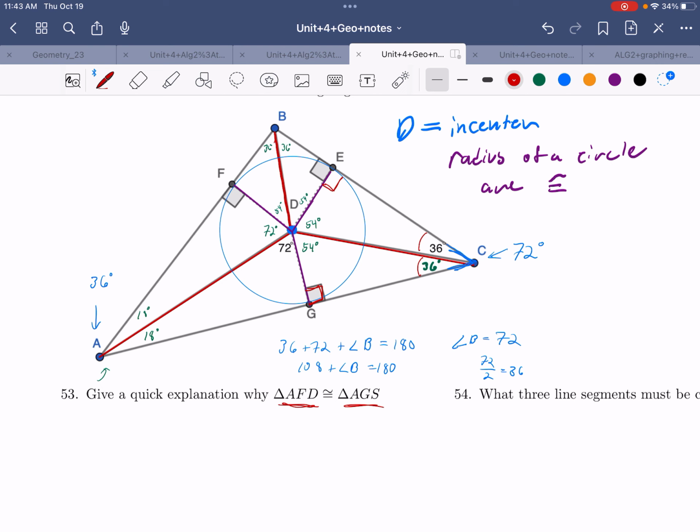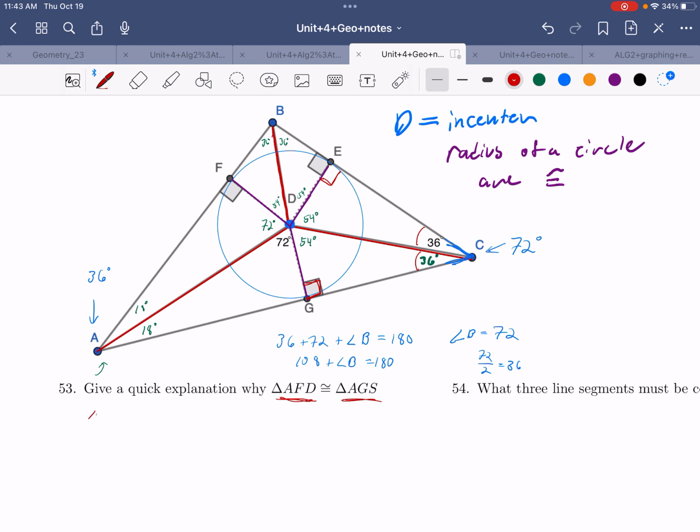So we know angle A is bisected, creating two congruent angles. We know that AD is congruent to AD. That's reflexive, right? So we've got this angle and this angle. We've got that side congruent to itself.